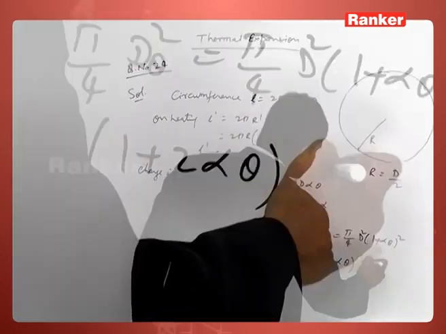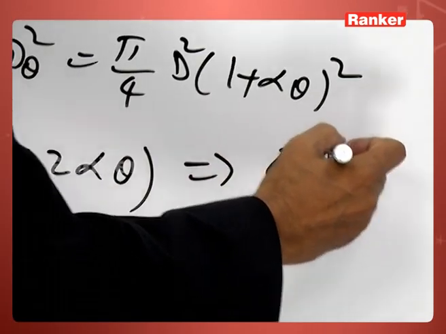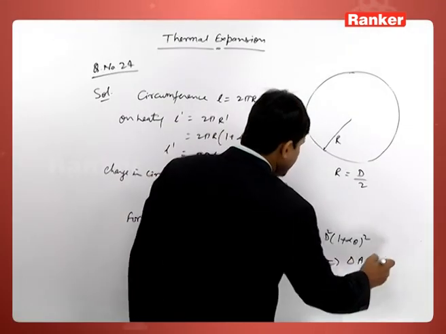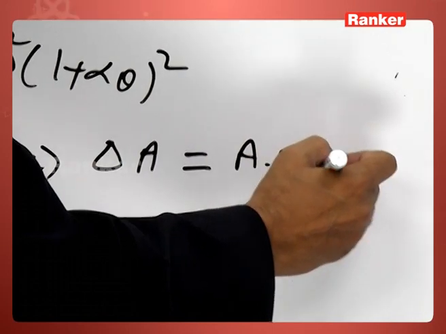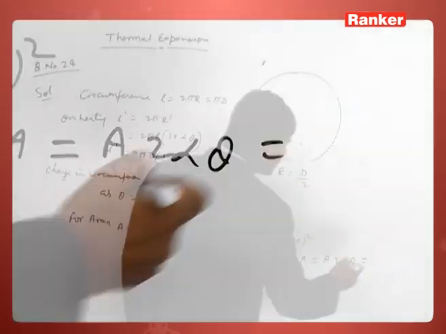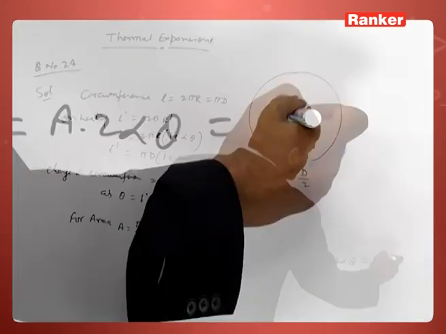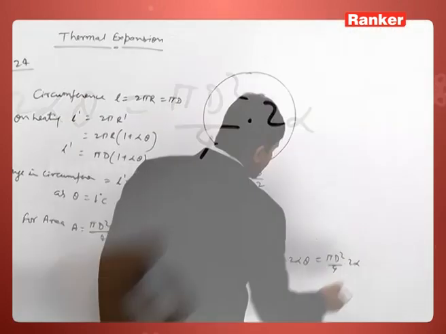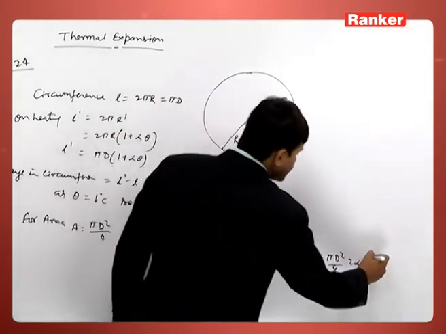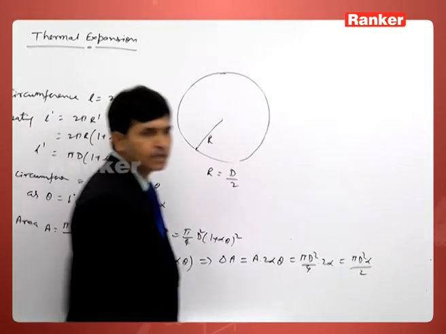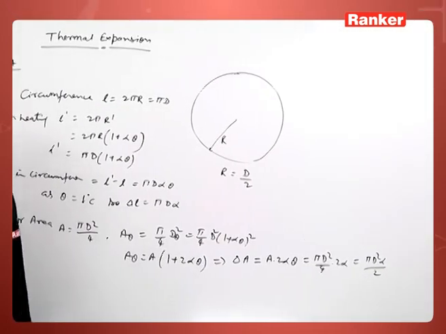So the change in the area can be written as A into 2 alpha theta, and theta is 1, and A is pi d square by 4, into 2 alpha. So finally this is pi d square alpha by 2.